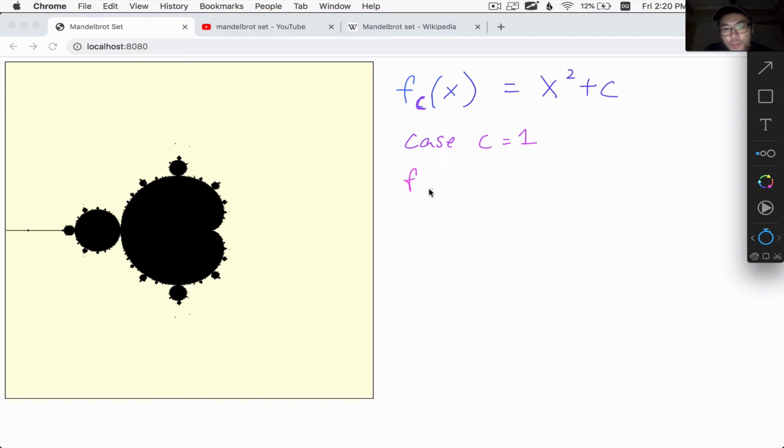So this would be f_1 of 0, because we substituted 1 for c. f_1 of 0 is going to be 0 squared plus c. So 0 squared plus 1 is 1. That will give us 1. And then after you get the answer for x equals 0, you're going to take the result and substitute it back into the function.